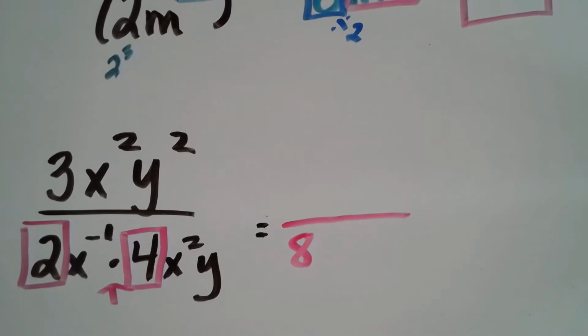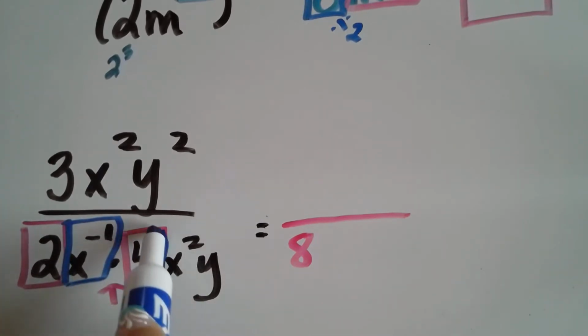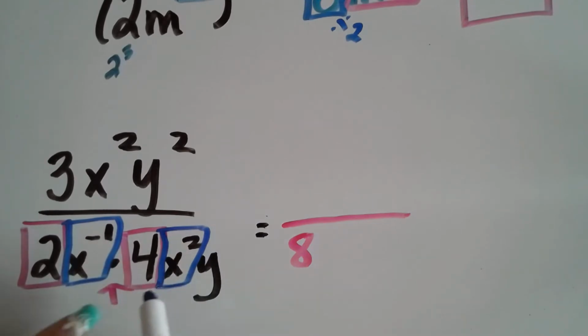Now let's look at our next like terms, and we have x to the -1 and x squared, and so we're multiplying, so we're essentially adding the exponents. So that would be x to the -1 plus 2, because when we're multiplying we add them.